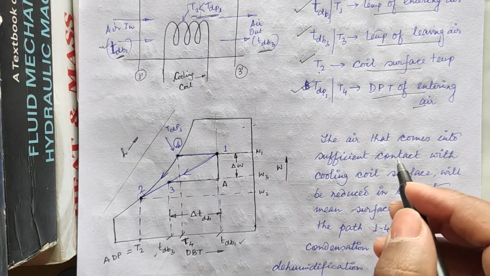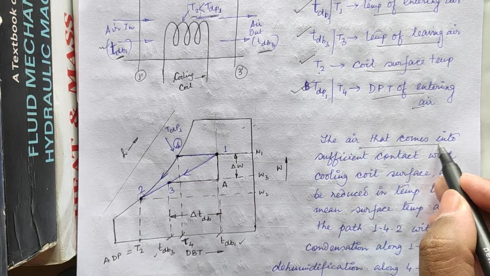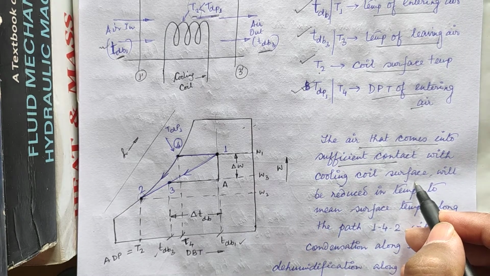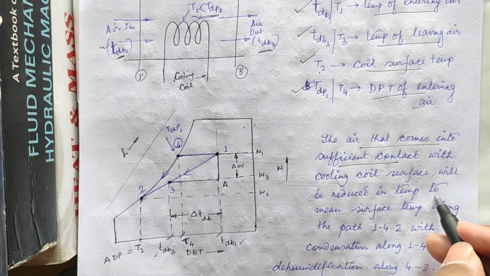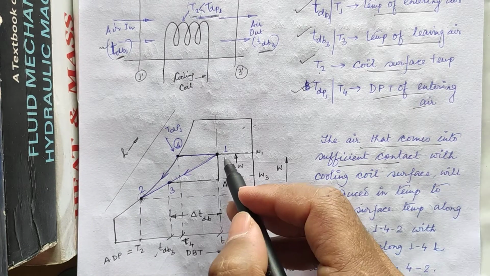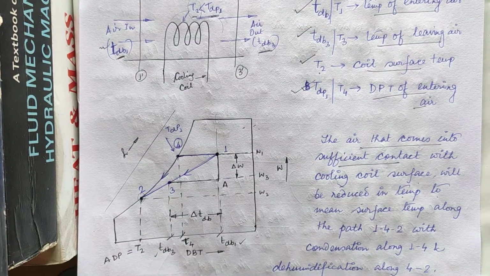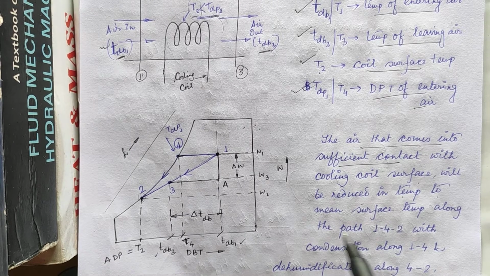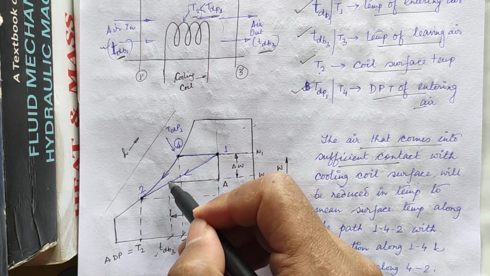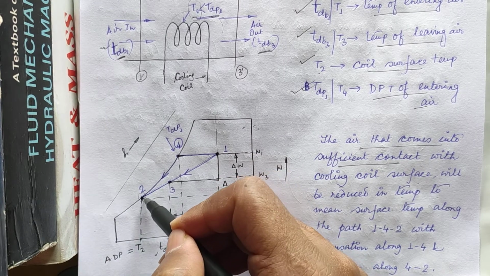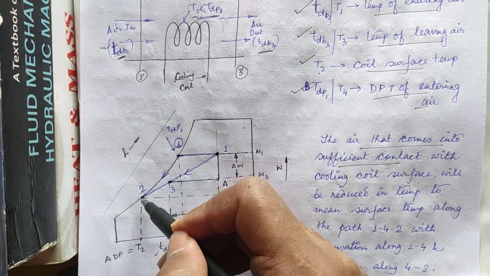Now, the air that will come into proper contact with the coil surface will be reduced in temperature. Up to what extent can it reduce? It can reduce the temperature up to the mean coil surface temperature. That means this T3 can be extended up to T2 in the ideal case.